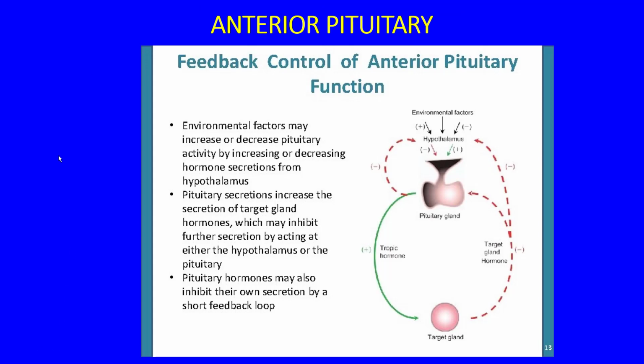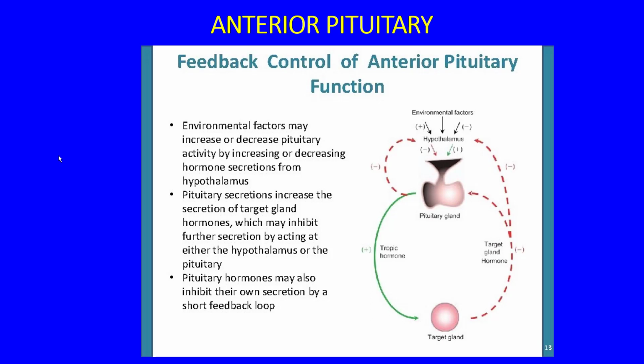When we look at anterior pituitary function, we have a variety of feedback controls. Almost all of them are really negative feedback. Environmental factors may increase or decrease pituitary activity by increasing or decreasing hormone secretions from the hypothalamus, which then acts on the pituitary gland, which then releases its stimulating hormones or trophic hormones to the various target glands and tissues.